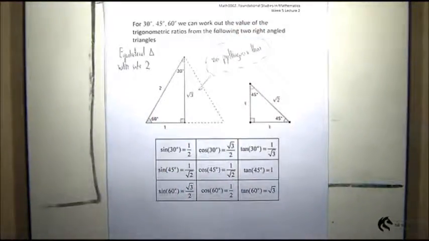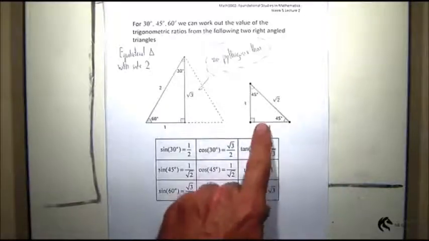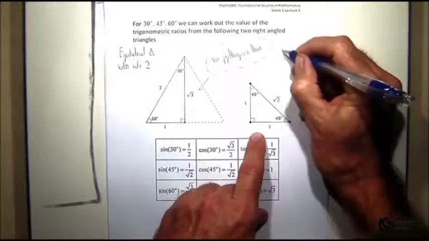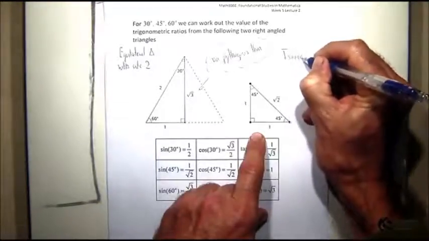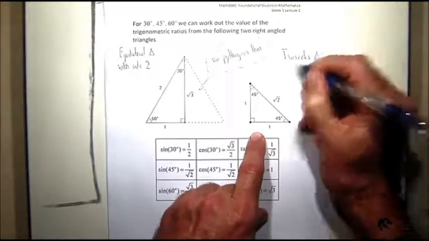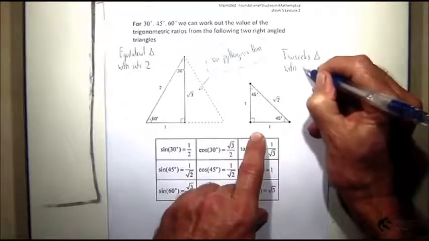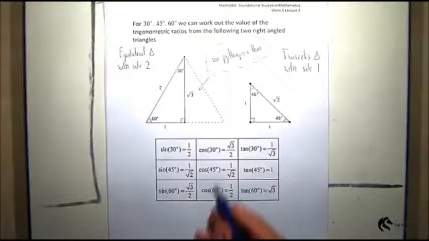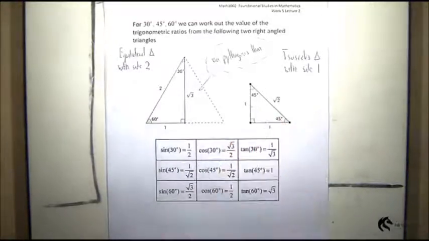The other special triangle is the isosceles triangle of side length 1. An isosceles triangle has two sides the same.